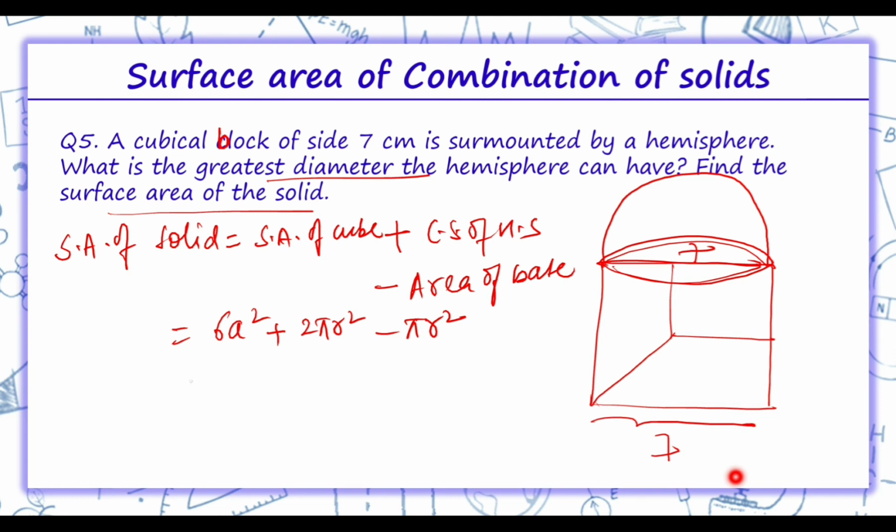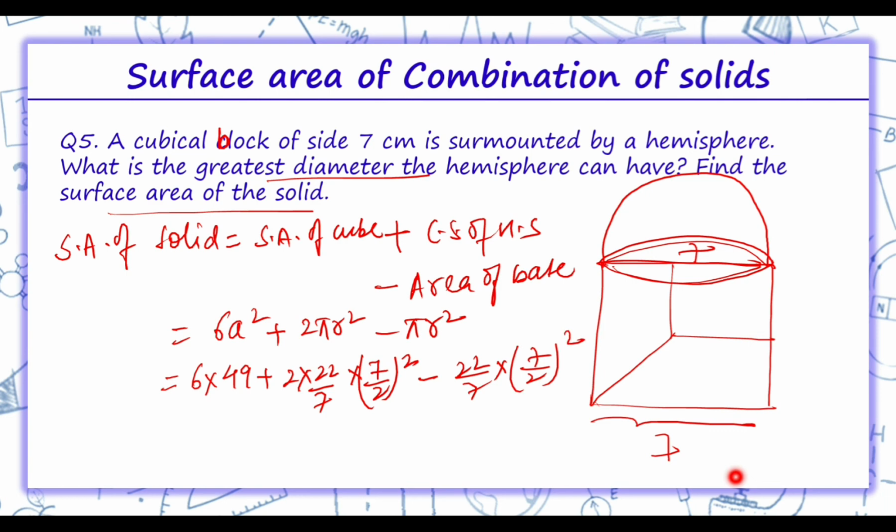So thus we'll substitute the values over here. 6 into 7 square is 49. 2 into 22 by 7 into 7 by 2 square minus 22 by 7 into 7 by 2 square. So now on solving this part, we'll get 332.5 centimeter square. So this is how in today's video we studied surface area of combination of solids.